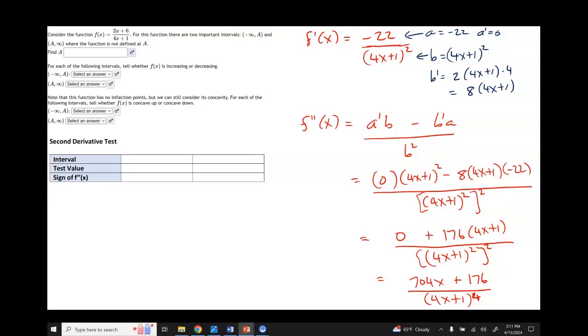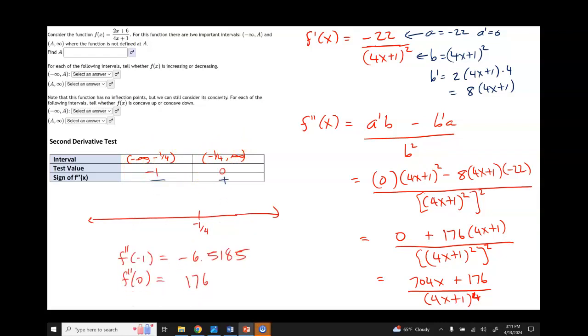All right, so once we have this, this is our second derivative, and our interval is going to be the same: negative infinity comma negative 1/4, negative 1/4 comma infinity. We have the same test points, which are negative 1 and 0. But now we're going to plug them into the second derivative, not the first, for the test of concavity.